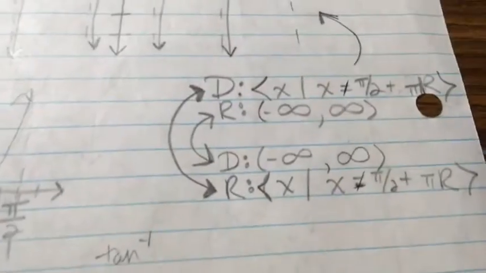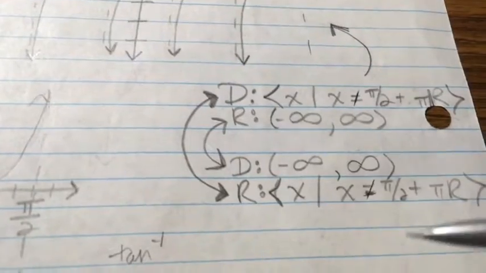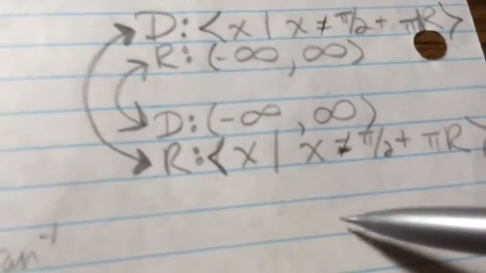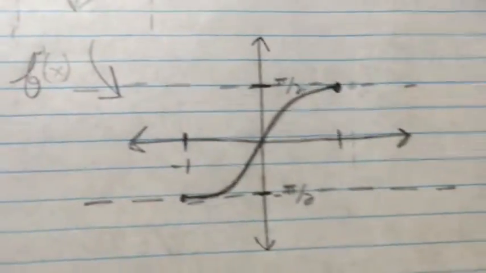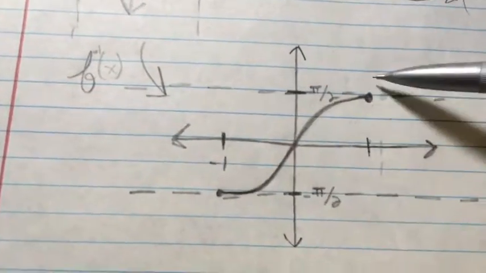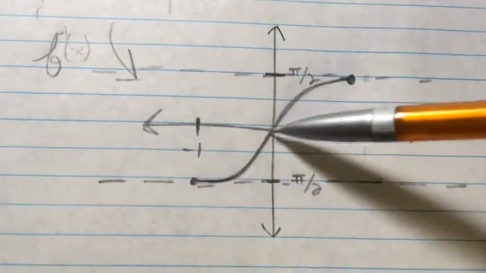However, whenever you do it, the domain is restricted to one interval, which is negative pi over 2 to pi over 2. As so. So as you see, this is the inverse of tangent.